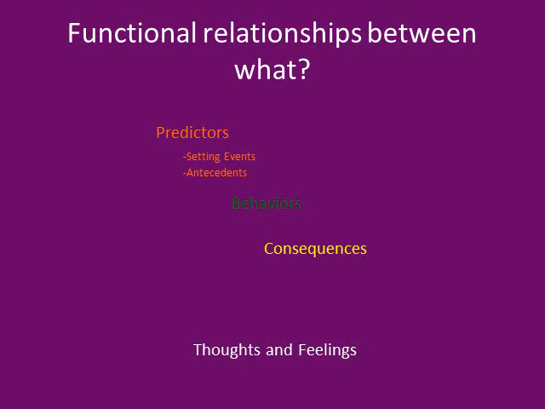In behaviorism, in applied behavior analysis, they don't use a whole lot of thoughts and feelings in this analysis. That's more of a different kind of psychological approach that isn't really found so much in ABA.